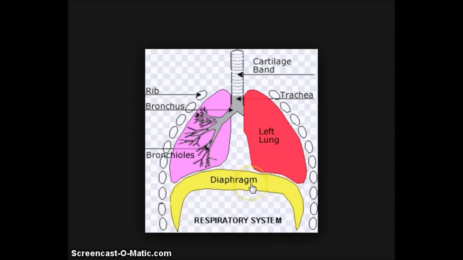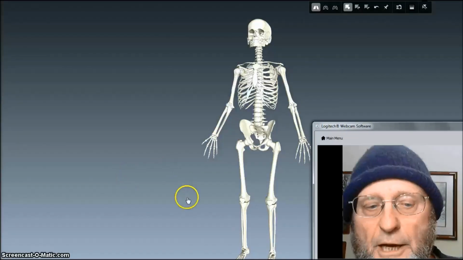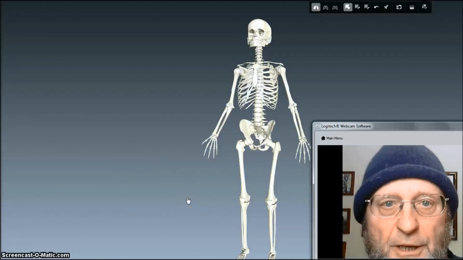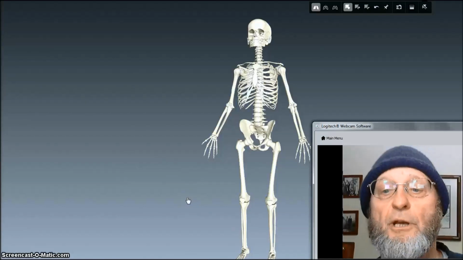When it contracts, it flattens out, basically pulls down, and as these intercostal muscles in the ribs are expanding the chest cavity laterally, the diaphragm is pulling down and expanding it in that direction. So that makes the cavity much larger.